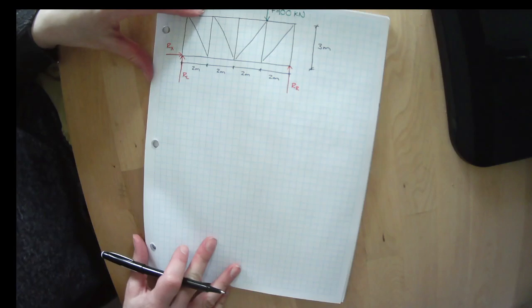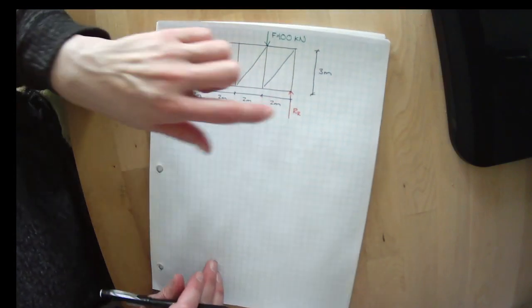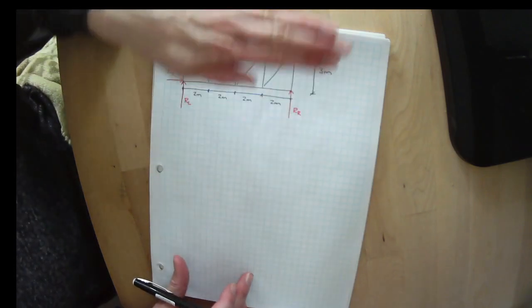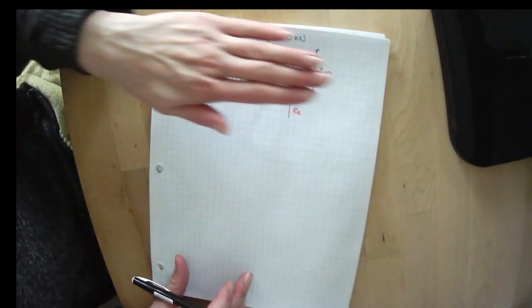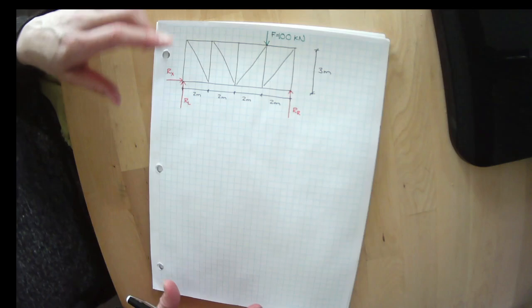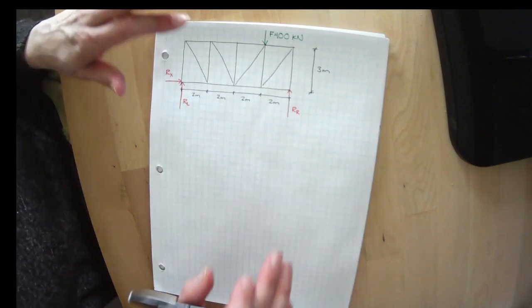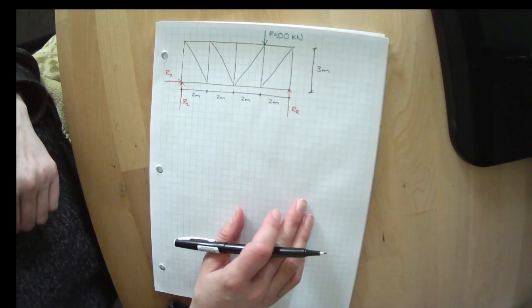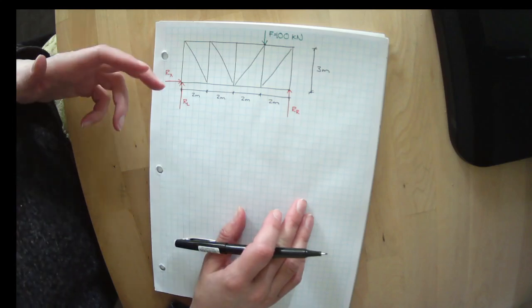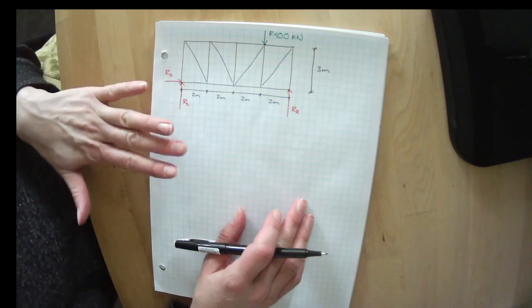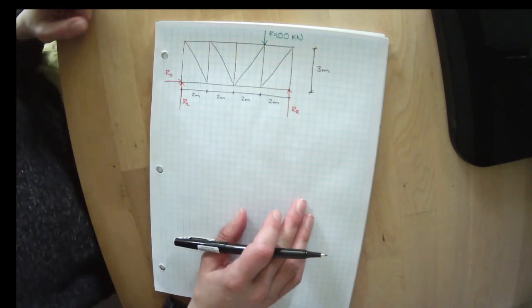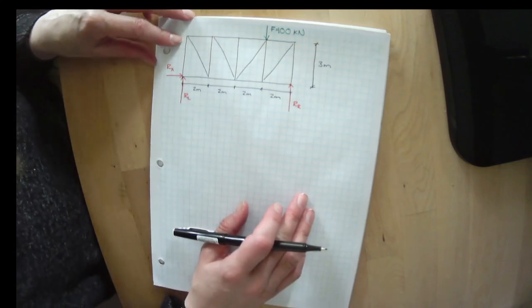We know that we want to figure out what these reactions need to be to stop this truss from moving up and down, back and forth, and from spinning about the z-axis. If this thing isn't spinning, it means it's not spinning about any point, which means we can pick whatever point we want to pretend to spin this about.